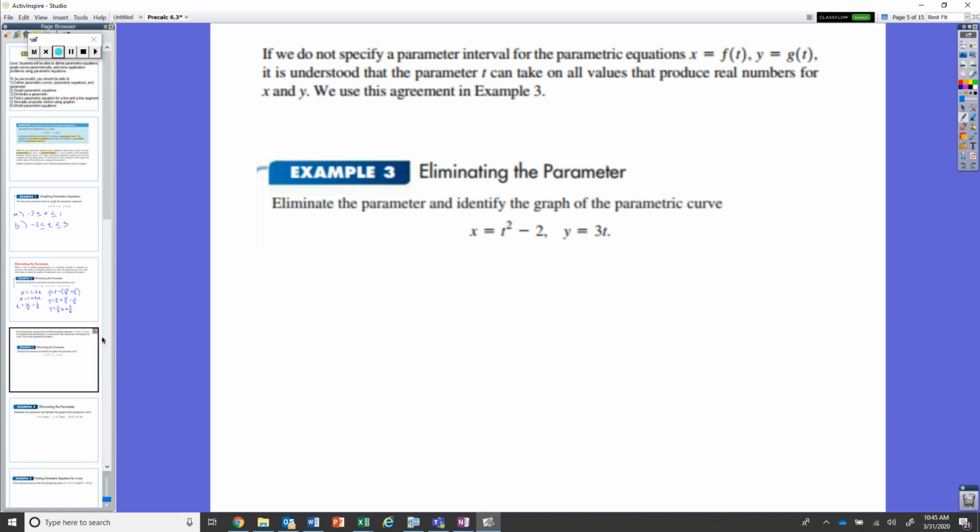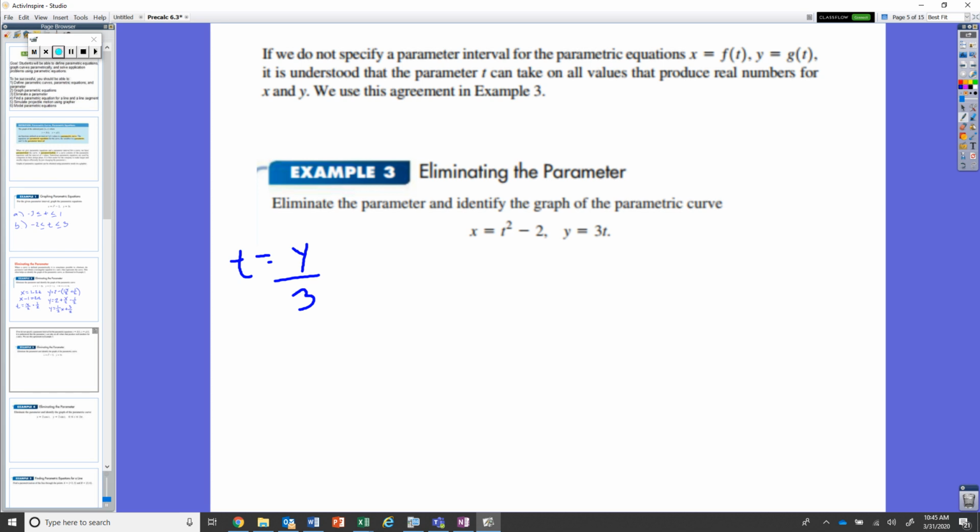So let's solve the equation for t. It doesn't really matter which one you go for first, but I'm going to solve for t using y just because it's a little bit easier. So we get that t is going to equal y divided by 3. That way when we substitute back into our equation, we can represent it in terms of x or in terms of y.